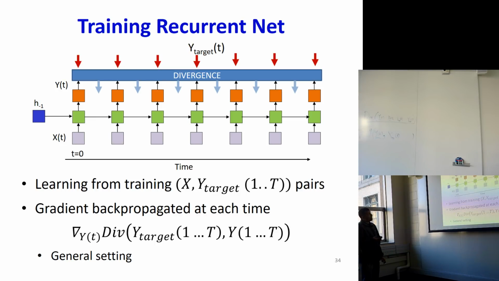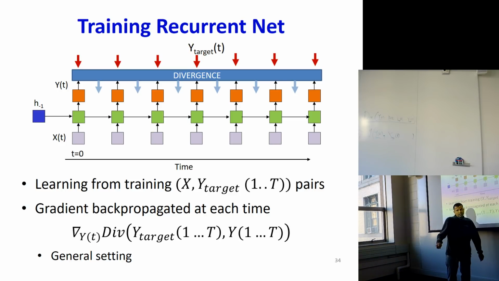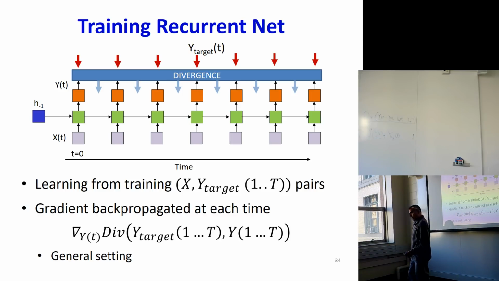The issue now happens with training. So you would be given a collection of training examples where X is now a sequence of inputs, t long, and the target output is also a sequence of outputs t long, right?